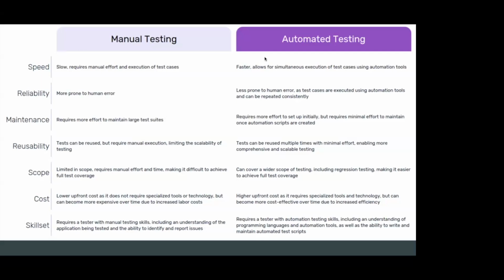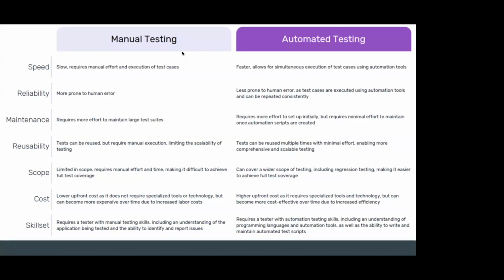When it comes to maintainability, manual testing requires more effort compared to automated testing, because in our organizations, we have staff transitions, we have different project contexts, and so many changes that happen. So maintaining a manual testing regimen becomes a bit difficult to sustain.